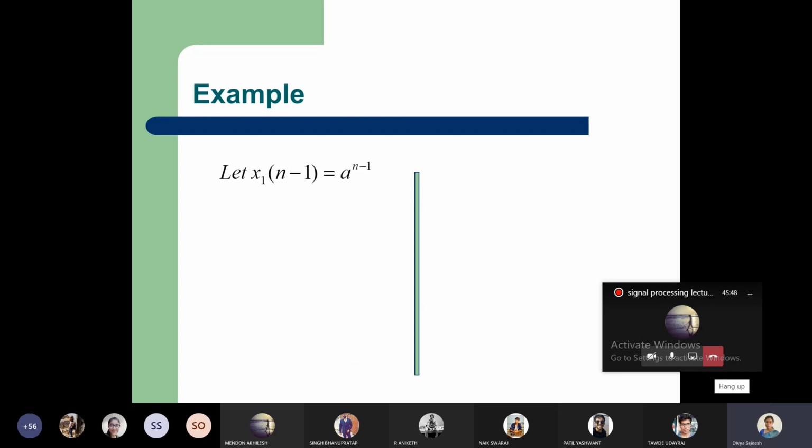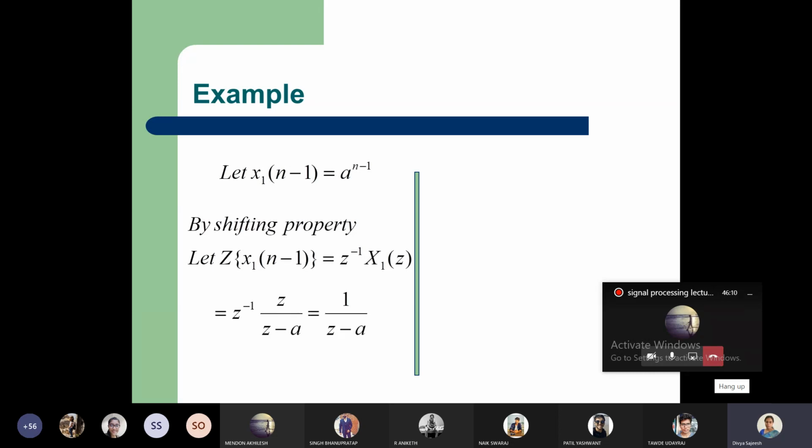So the signal will now change to a raised to n minus 1. Applying the time shifting property, the z transform will be multiplied with z inverse. So z inverse into x1 of z is z upon z minus a. By arranging, we will get it as 1 upon z minus a.